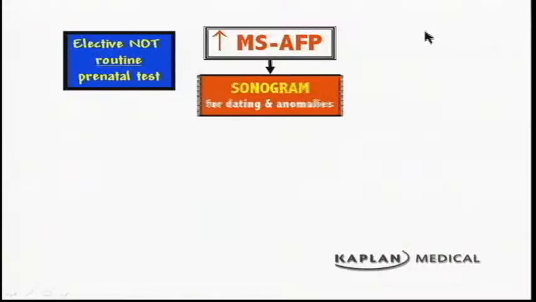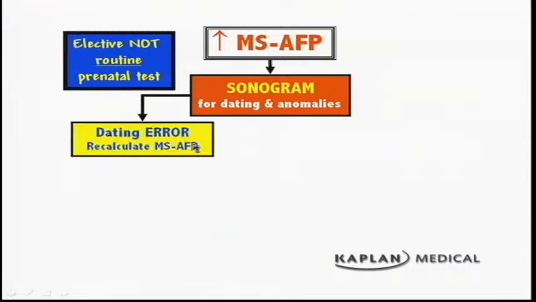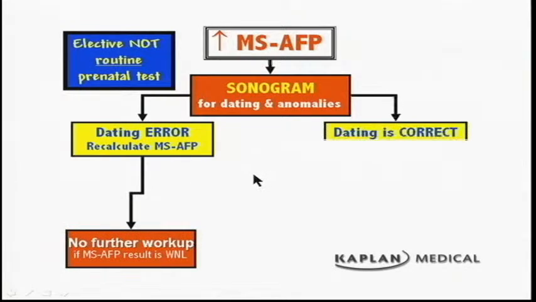Okay, if we have an elevated MSAFP, next step in management is ultrasound. Specifically, we're going to look for dating errors and for any gross anomalies. If there is a dating error, then we can recalculate the MSAFP based upon what we now know is the true dates. If that is normal, no further workup is needed.